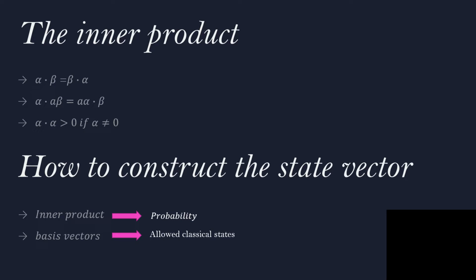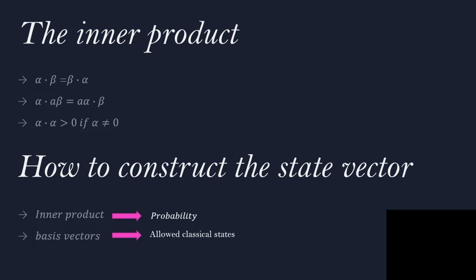Now, the inner product is an operation which is defined by the three properties listed here. So firstly, the inner product is commutative. So if we flip around alpha and beta, then taking that scalar product will be the same as if we took the scalar product of alpha and beta.